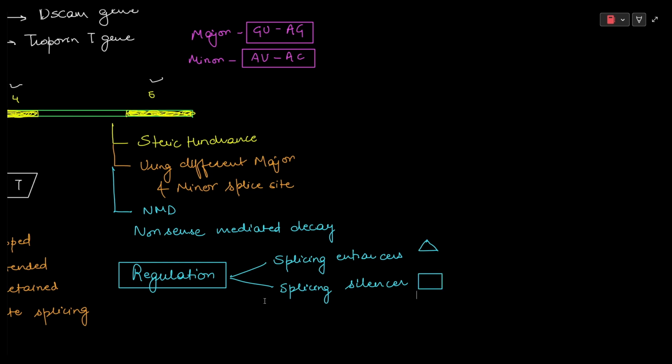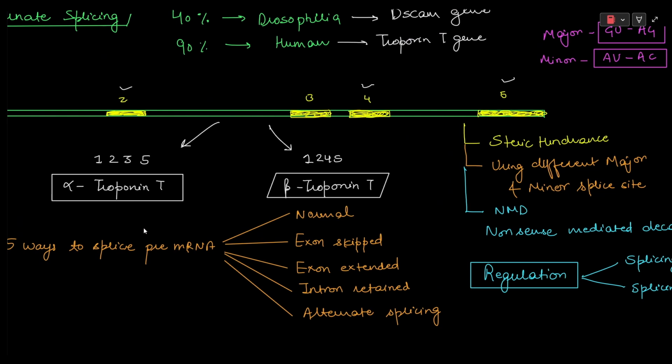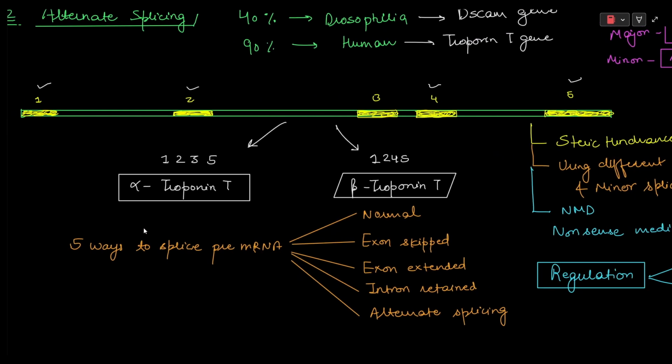Okay. So imagine in this one, we want beta troponin T, which will include exon 1, 2, 4, and 5. So what the cell will do, it will bind a silencer on the exon 3, which will silence it, right? It will not allow it to splice, and then bind an enhancer on exon 4.